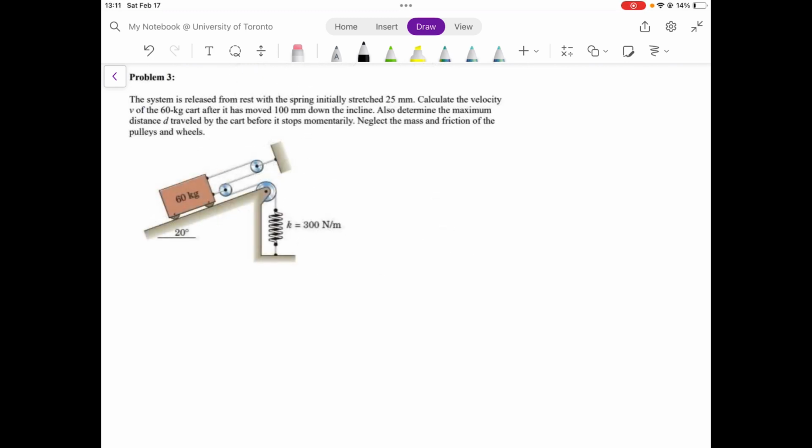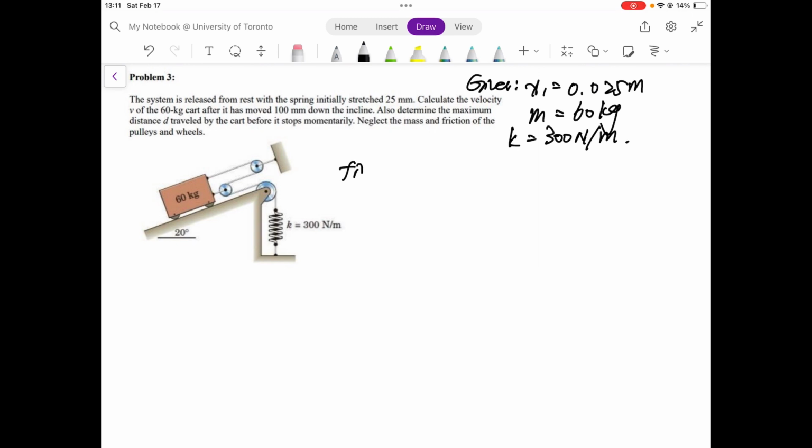Question number 3. The system is released from rest with the spring initially stretched 25 millimeters. So we have x1 is equal to 0.025 meter. And also we have the mass of the cart, which is 60 kilograms, and the spring constant, which is equal to 300 newtons per meter.